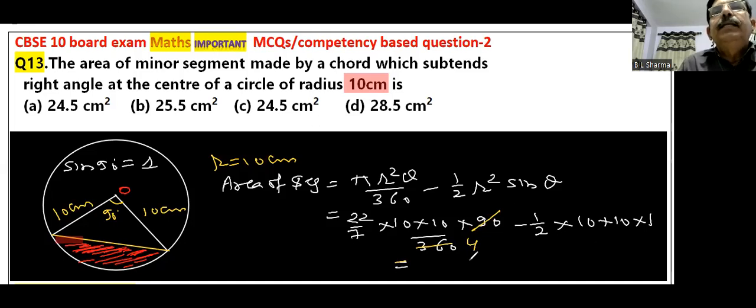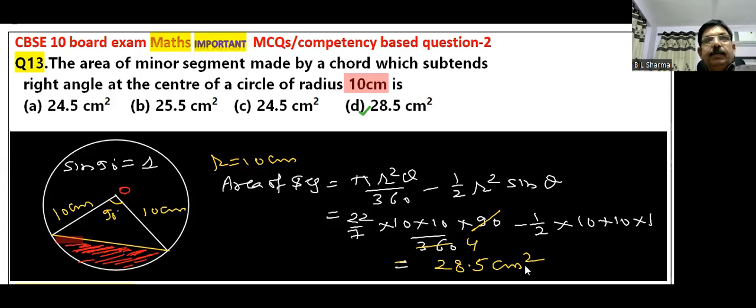And on calculating this, that will be 28.5 centimeter square. So D is the correct option here. इसको कैलकुलेट करिए, सिंप्लीफाई करिए और आपके पास जो आंसर आएगा that will be 28.5 सेंटीमीटर स्क्वायर आंसर.